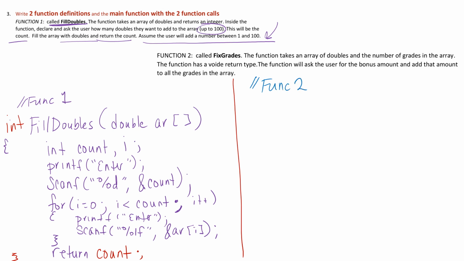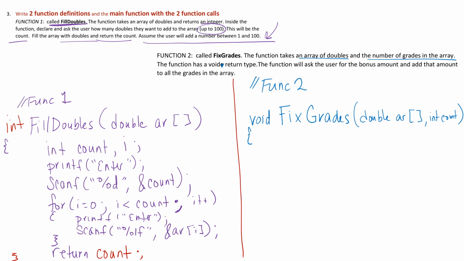The function is called fix grades. Okay, the name of this function is fix grades. It takes an array of doubles and the number of grades in the array. So we're going to pass it a double array and an int for the count. The function has a void, oh that's a typo, a void return type. The function will ask the user for a bonus amount and add that bonus to all the grades in the array. So we're going to need an i because we're going to go through the loop.